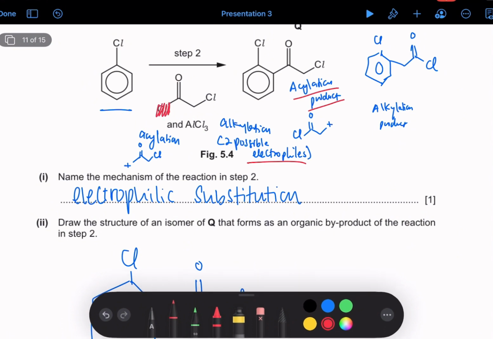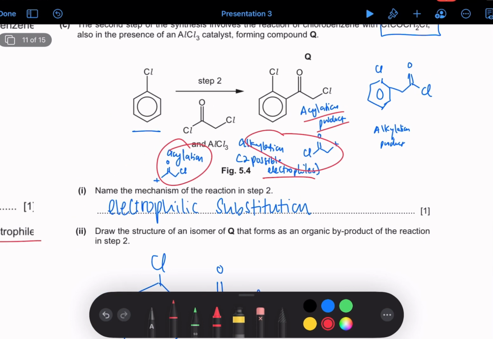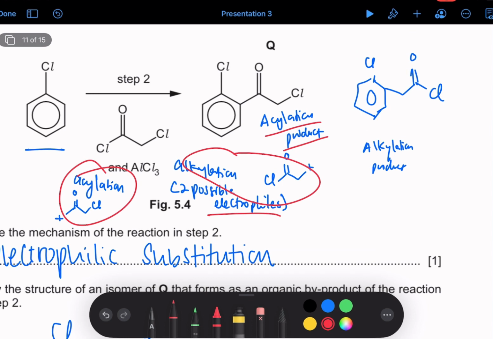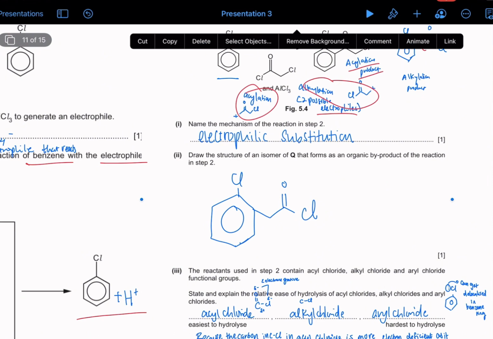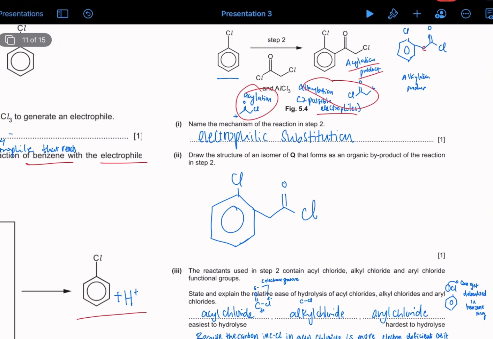So you have here acylation, alkylation. Although they might look similar, there's a slight difference. As you can see, this one is bonded to O. This one is not. It's bonded to a C atom. Name the mechanism of reaction in step 2. This one is electrophilic substitution.